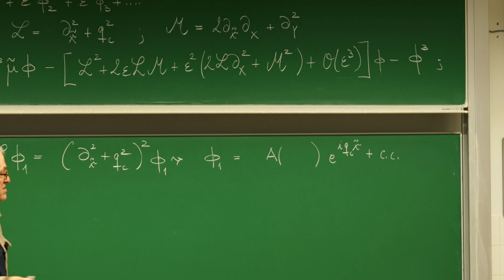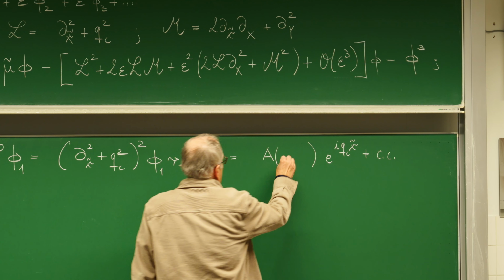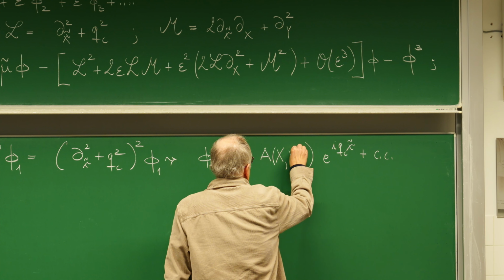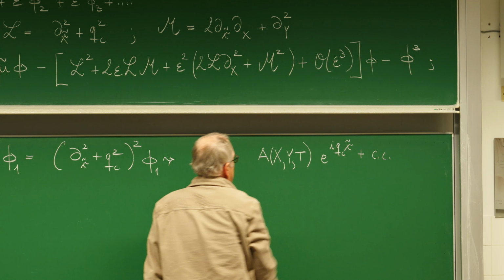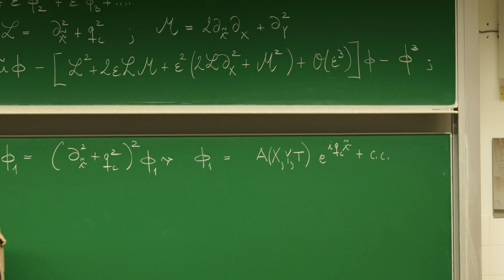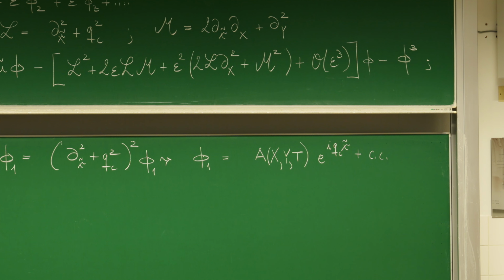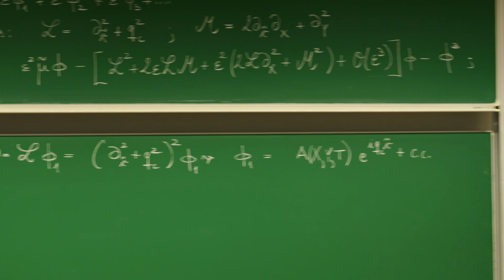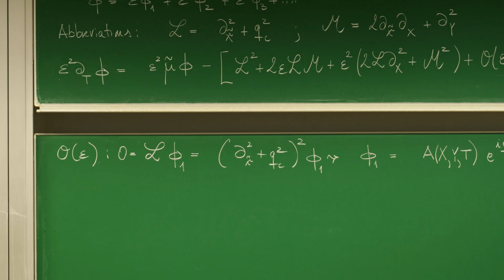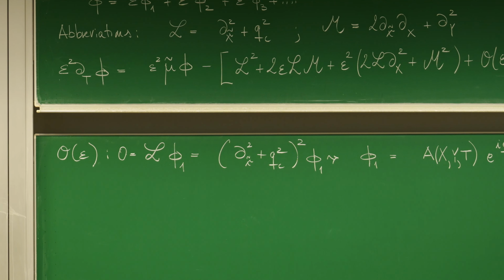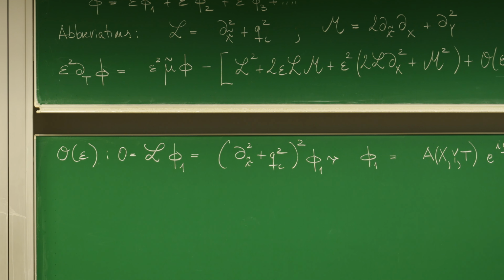And the A still can depend on x, y, and t. This equation here doesn't inform you about the dependence of the amplitude on x, y, and z. So to lowest order, and that's something one should expect, we recover that the carrier wave is the lowest order solution. That makes sense, right?